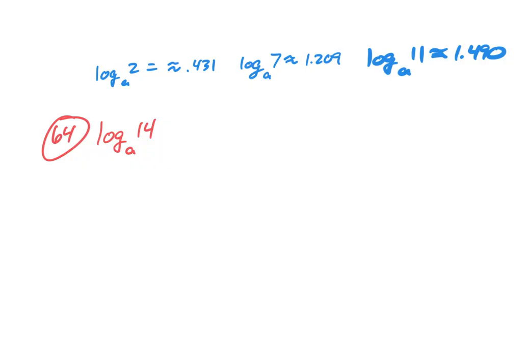Yeah. 2 times 7 is 14, right? And so I can rewrite this as log of 2 times 7 base A. And by rewriting this, now because we're multiplying the 2 and the 7 together, we can separate these 2.